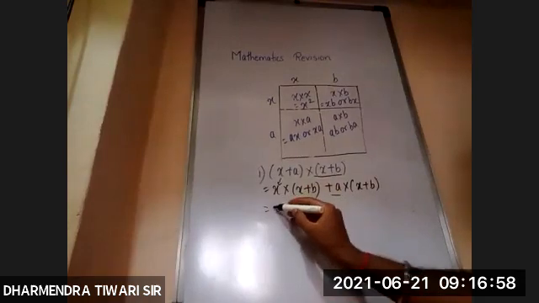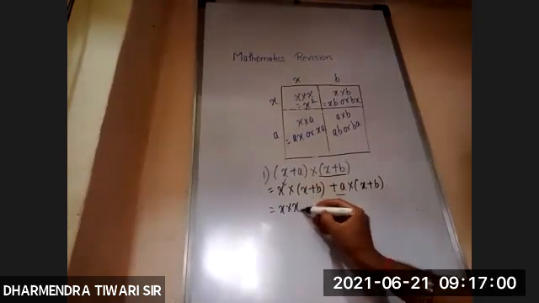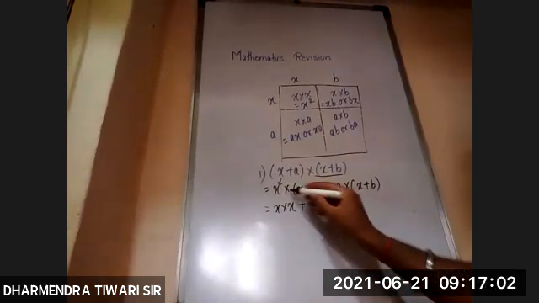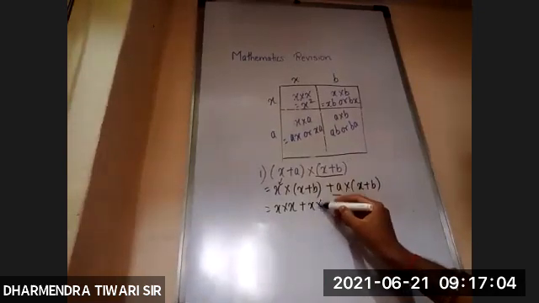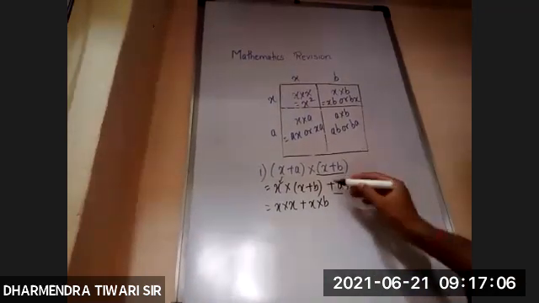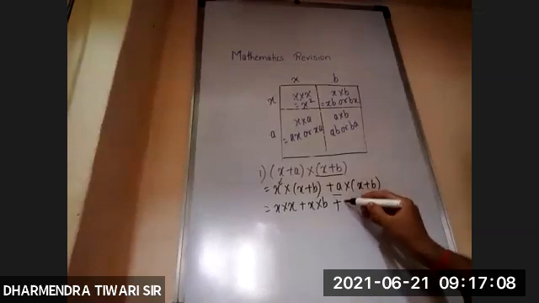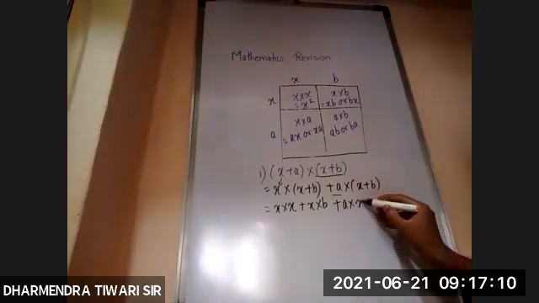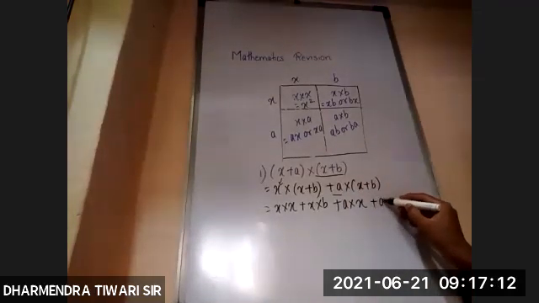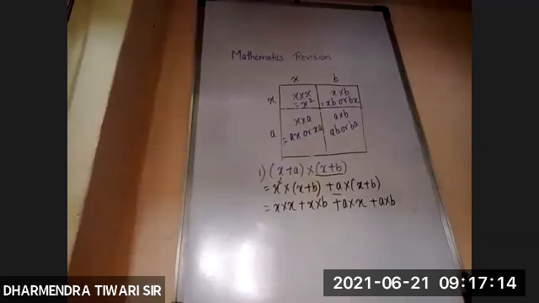x into x, write this plus sign, x into b. After that, again the splitting of a into x plus a into b. Hope even this step is clear.